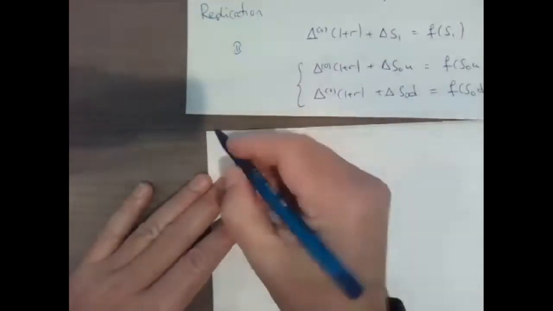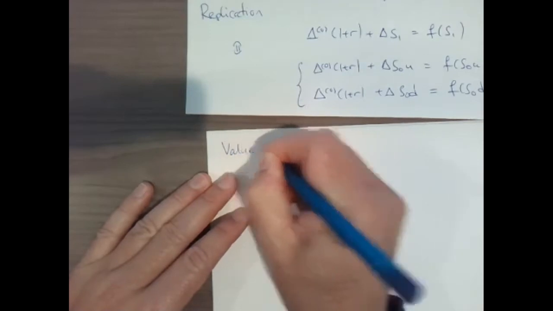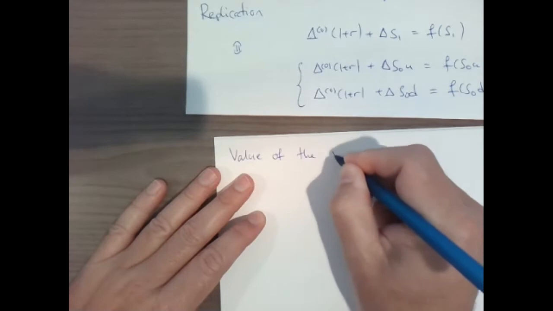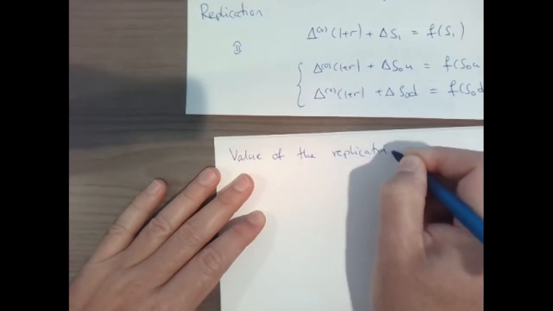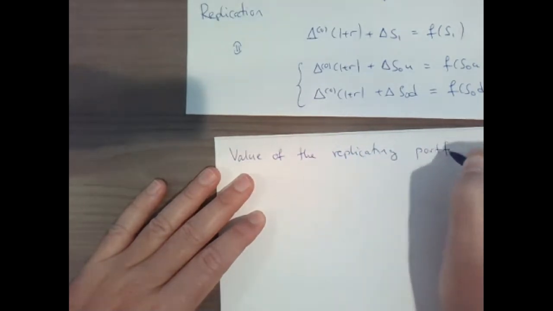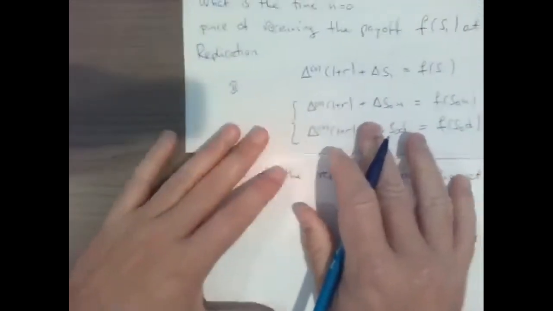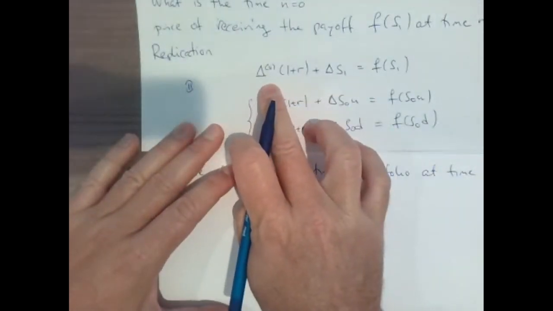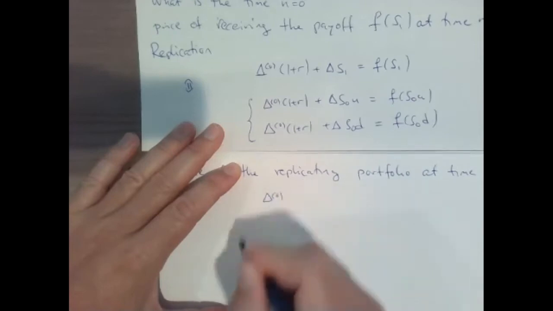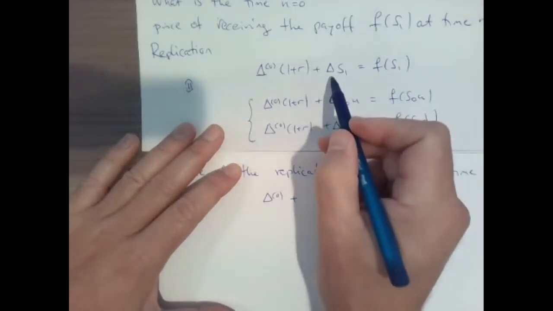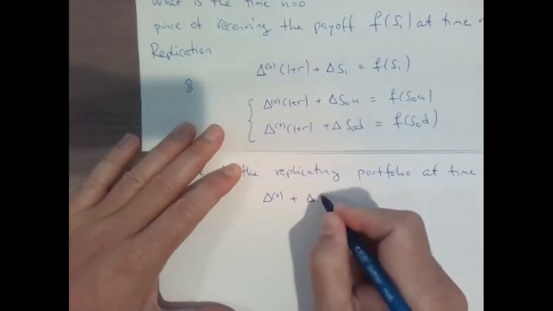Okay, and then the value of the replicating portfolio at time 0. Well, we know we have to buy that many units of the bank, so that will be delta 0 times 1 plus however many of the stock that I need, delta times S0.